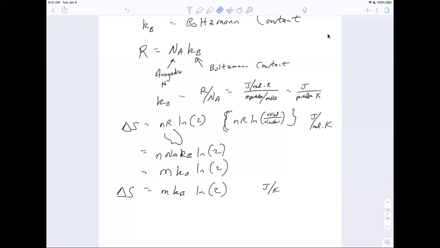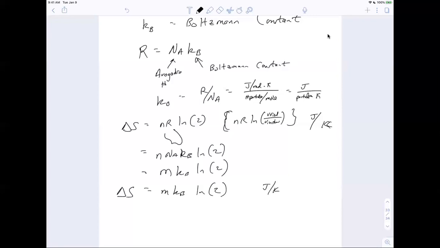And in this case, we also get joules per Kelvin, right? So our units come out the same when we introduce this thing called k_B. Does that make sense? Did I confuse people? Again, I want people to be clear.